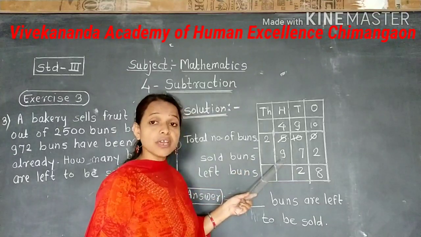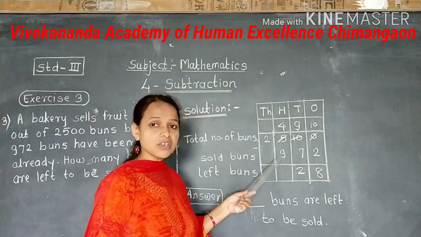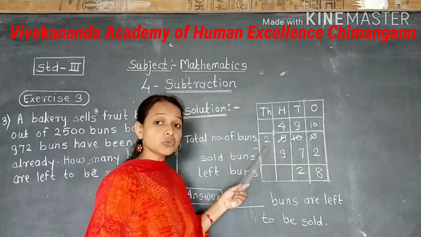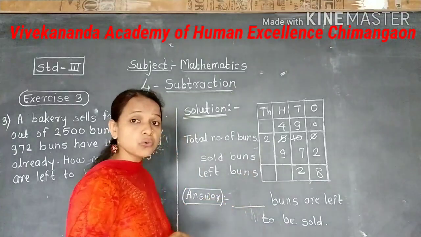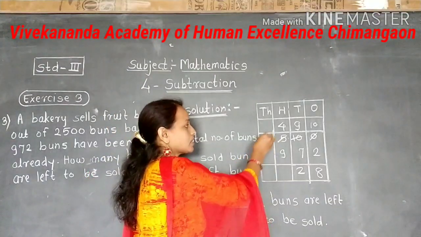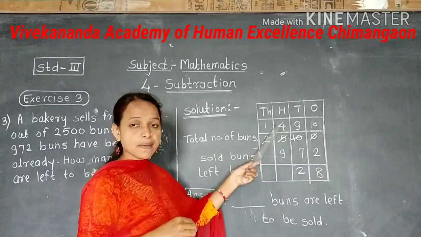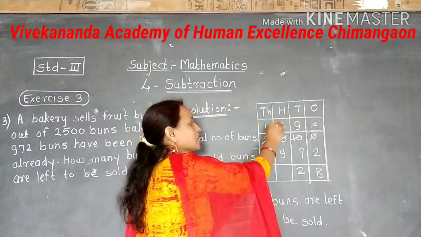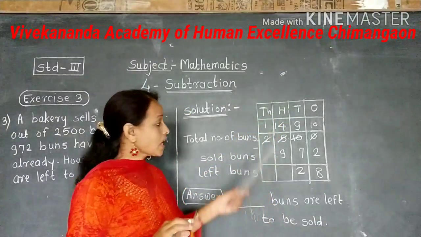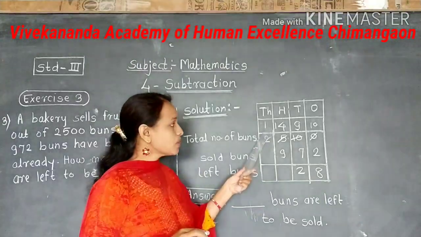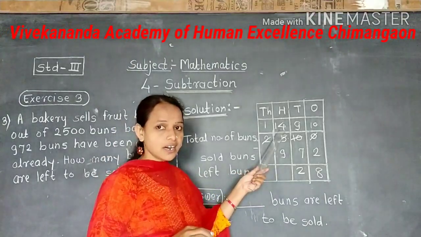So here again we have to regroup. Means we have to borrow 1000 from 2000s. So 2 minus 1, 1. And here 400s become 1400s. How to regroup 2000s? 2000s regroup into 1000 and 1400s.